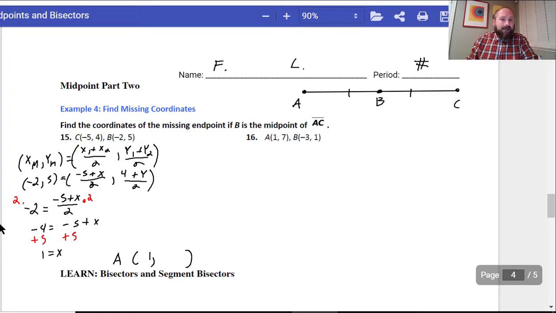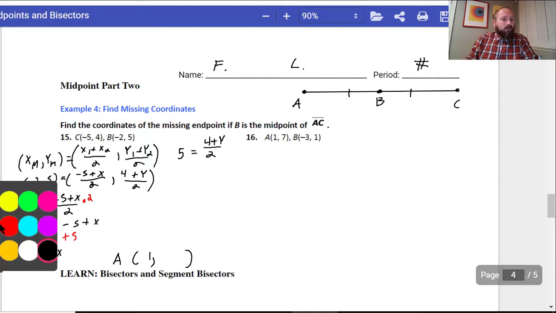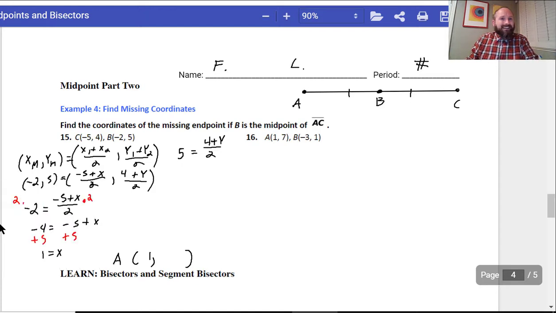Well, I broke this equation up for the x. Now I'm going to break it up for the y. I understand that the midpoint 5 for y is equal to all the y's added together divided by 2. Once again, solve for y. We're going to times 2 on both sides and then solve for y.